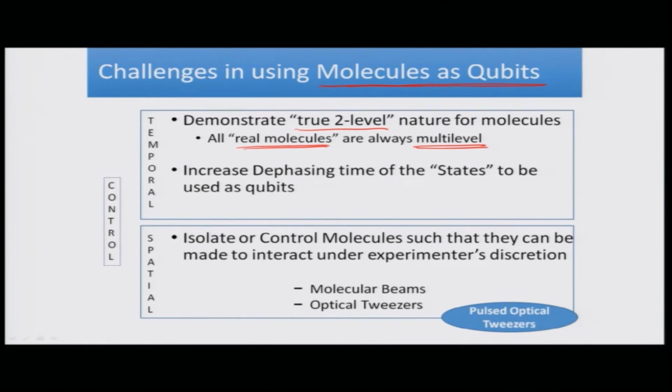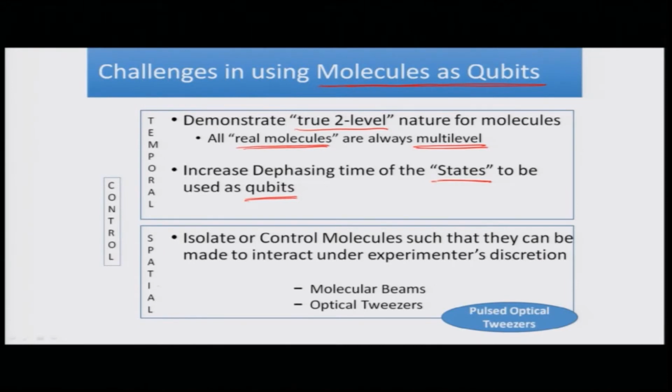Increasing the dephasing time of the states is also very important, as we would like to use them as our qubits. So, this is coming from the temporal side. The other important part is the isolation or controlling of the molecules in such a way that they can be made to interact under the experimenter's discretion.